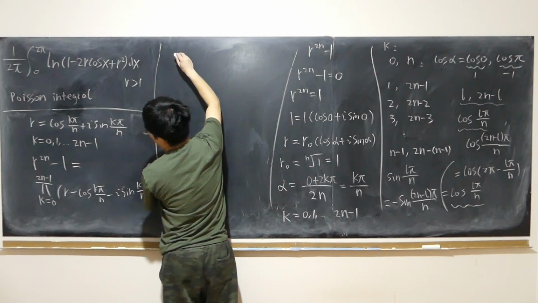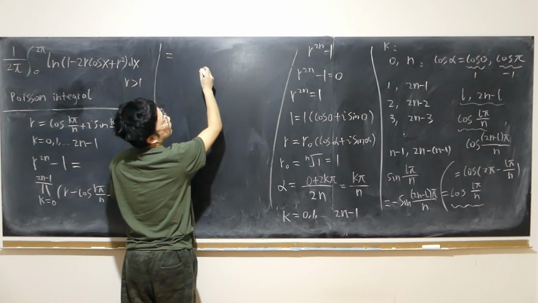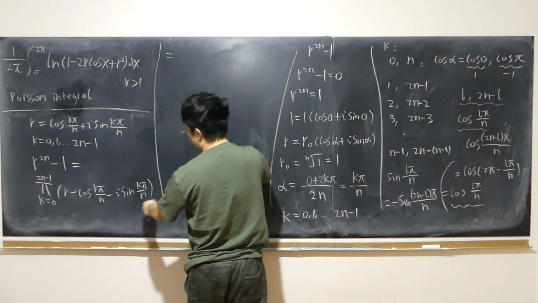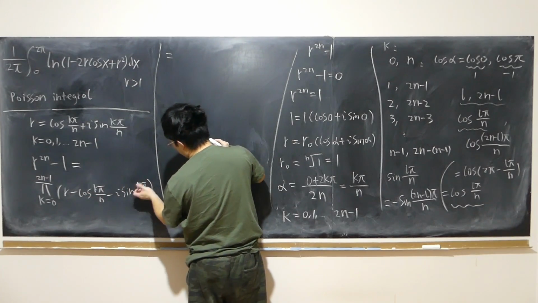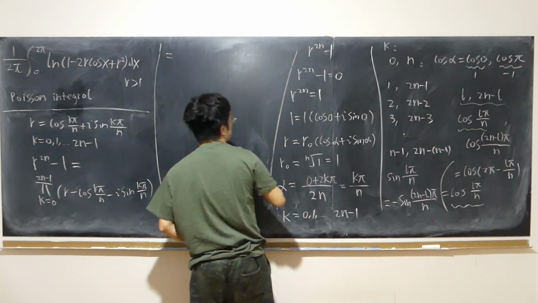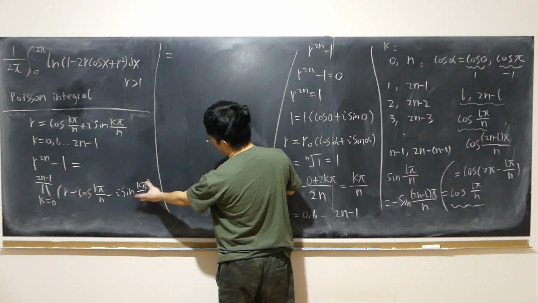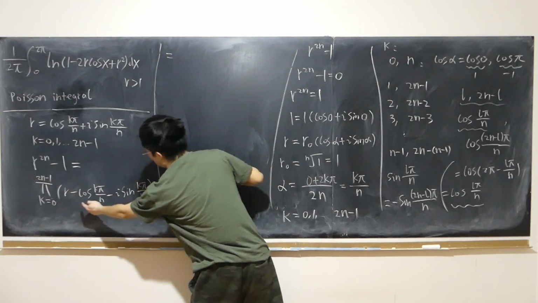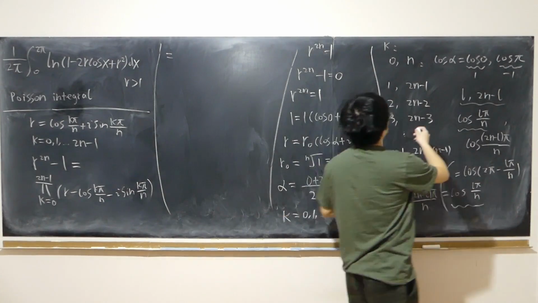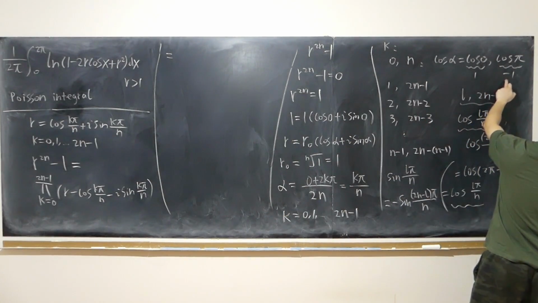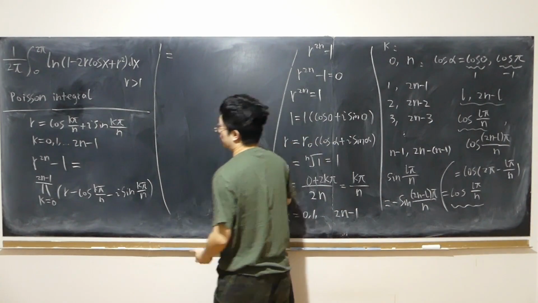And sine when k is equal to 0 and n, sine 0, sine pi, both 0. So I have r minus 1, r plus 1. So r squared minus 1, isolated out.